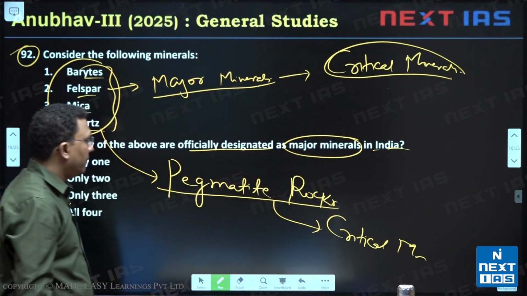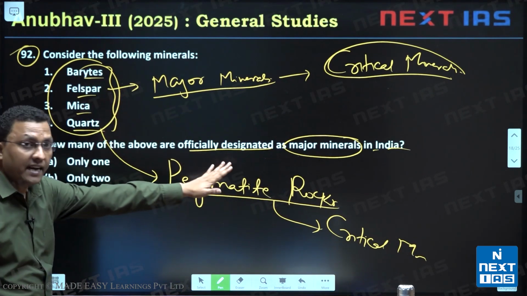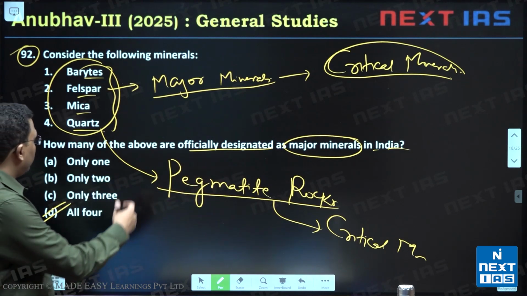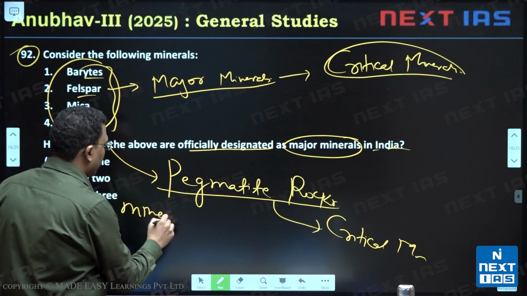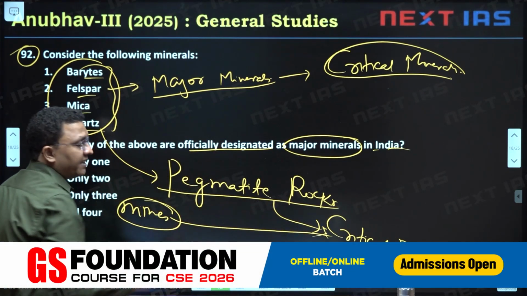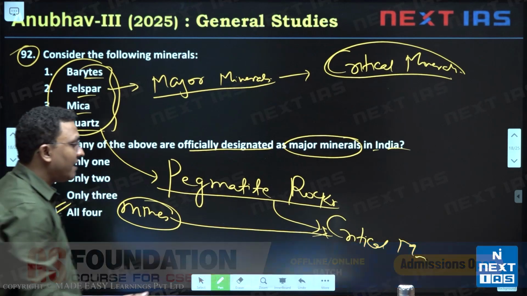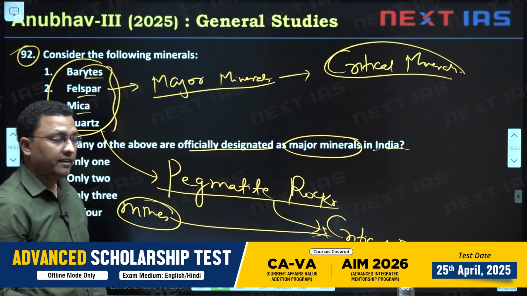But since these minerals were categorized as minor minerals till now, the lease holders or the owners of these mines were not focusing on exploration of these associated critical minerals, right? So that means these associated critical minerals were getting wasted, right?